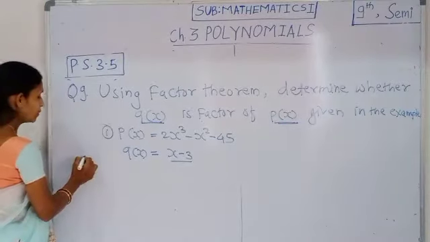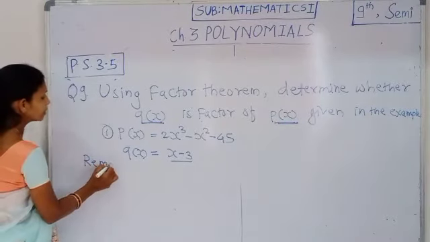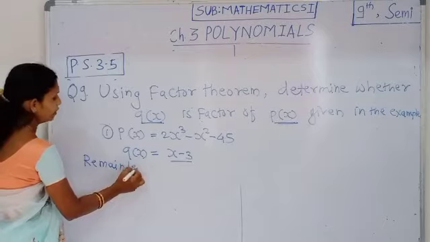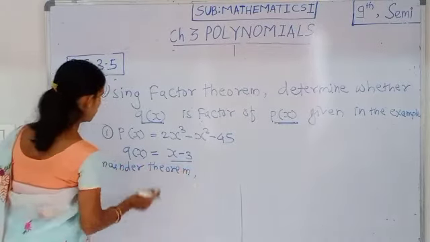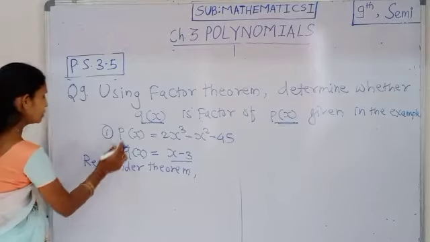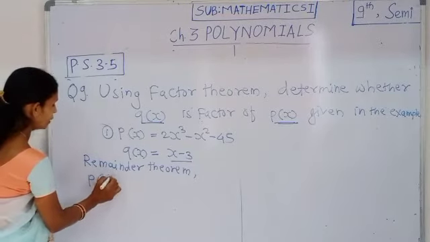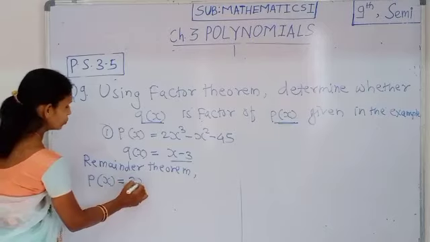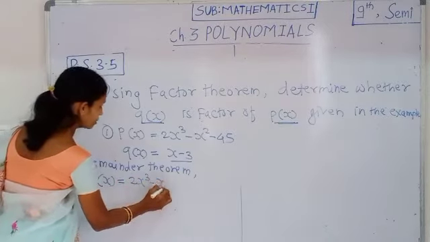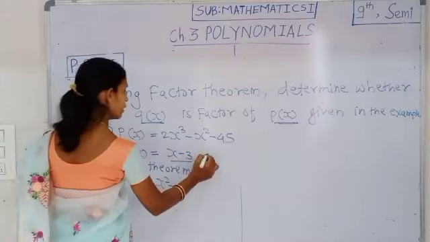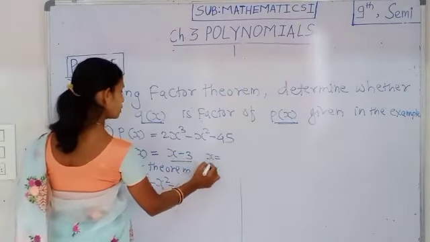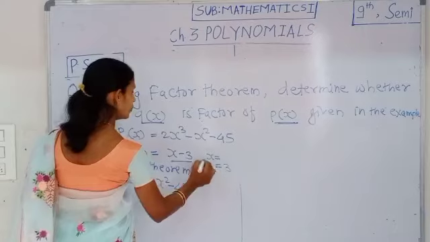Therefore, first using the remainder theorem, we have to find out the value of the polynomial p(x) equal to 2x cube minus x square minus 45 for x equal to, or a equal to, plus 3.